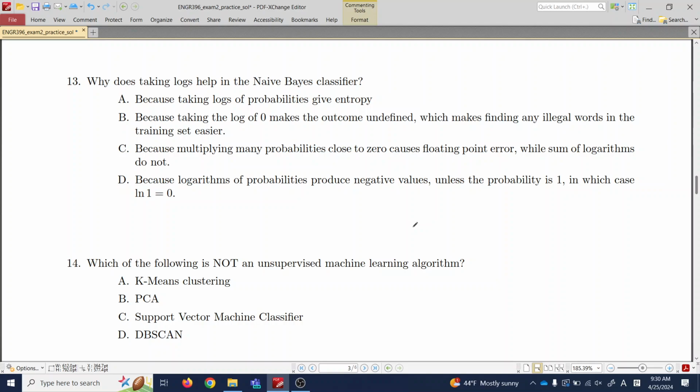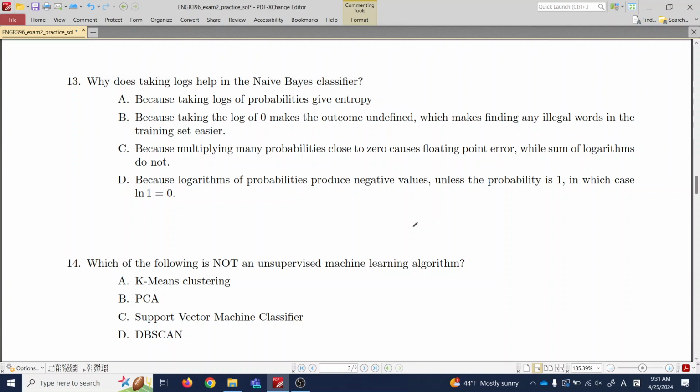Now, can computers store those numbers? No. Computers have a limit to how little it can store. So for double precision, I think you can go even like 10 to the negative 100 or something. But given that it's easy to have the probabilities go even less than that, it's going to be a problem, okay?